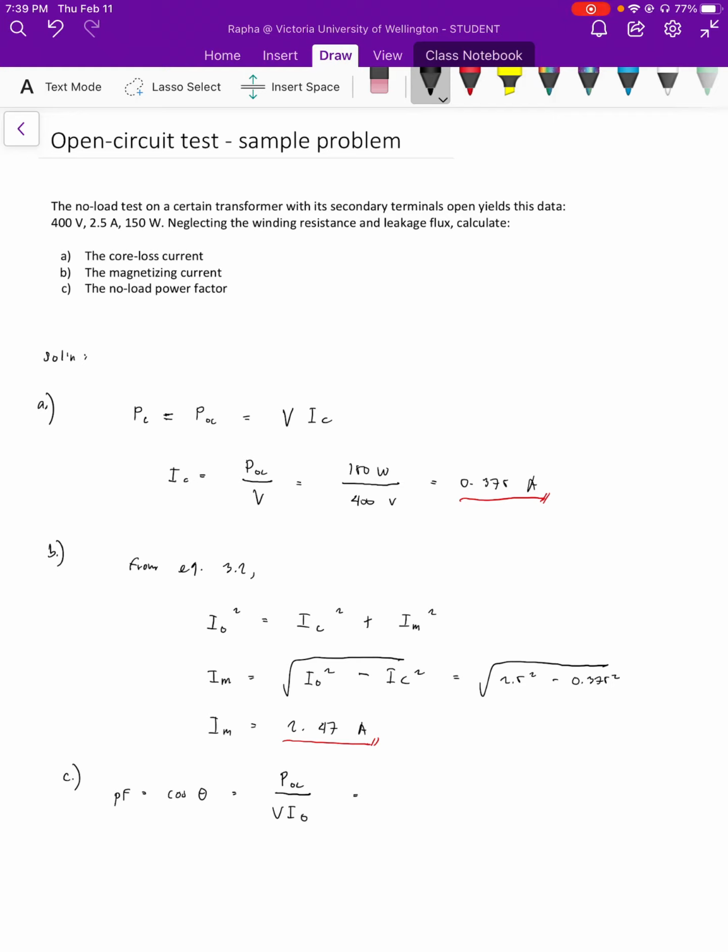So that's equal to 150 watts divided by 402.5. So atong no load power factor is equal to 0.15 lagging.